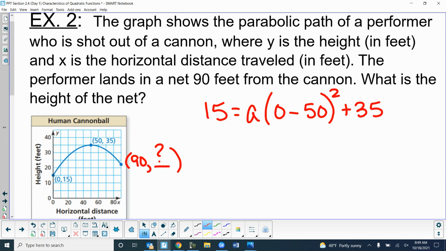That make sense? Questions on how we got to here? Nick, making sense? Okay, just substituting in.